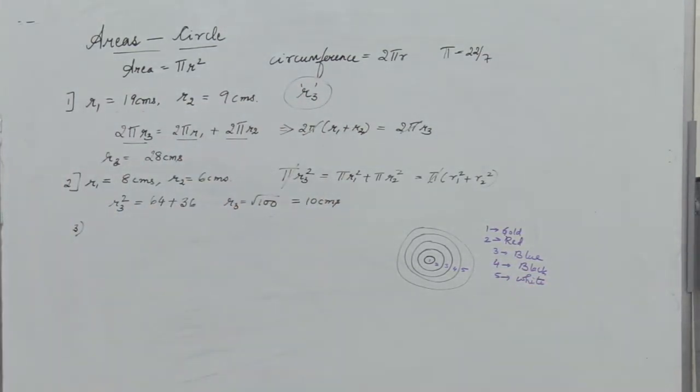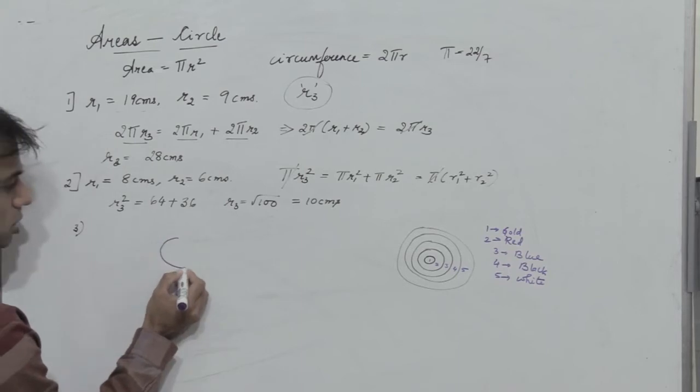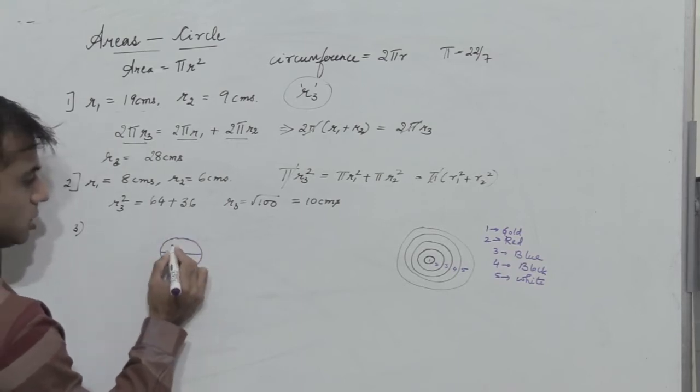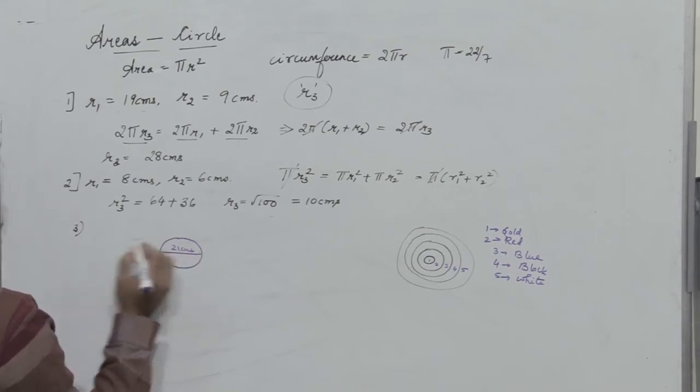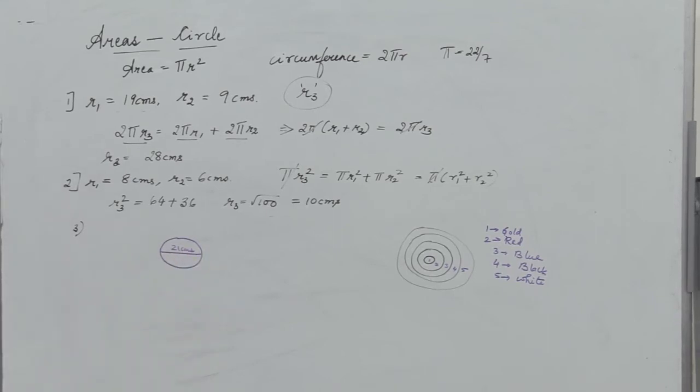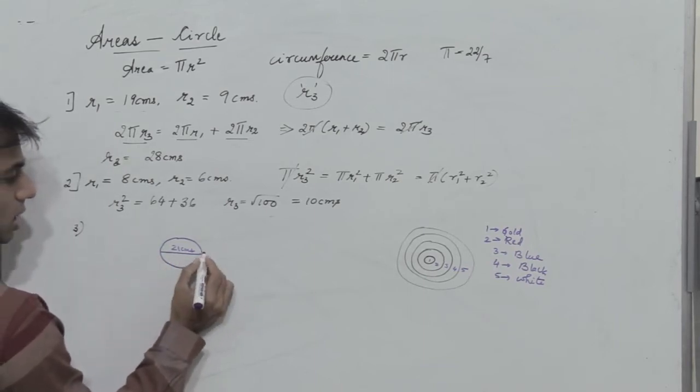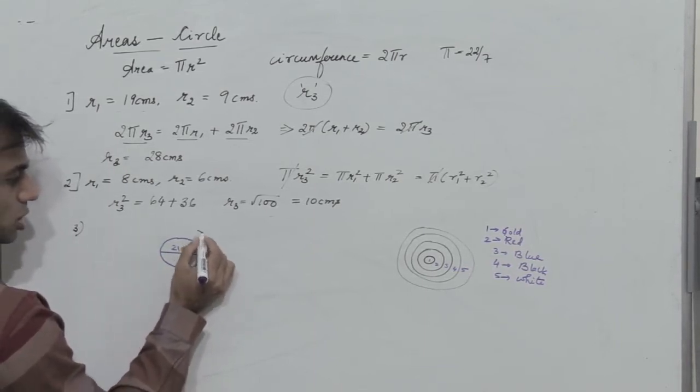So what is being given? That the diameter of the gold region is 21. So we have the gold region, its diameter is 21 centimeters. And it has been stated that each band is of length 10.5.